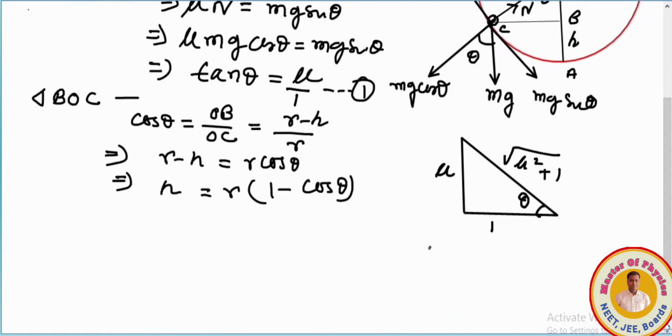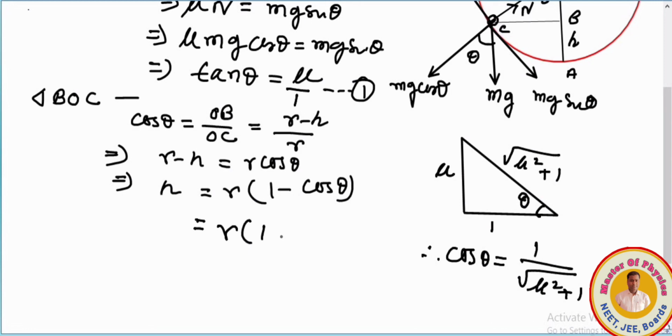Then the value of cos theta is 1 by root over mu square plus 1. Now we substitute this into 1 minus cos theta.